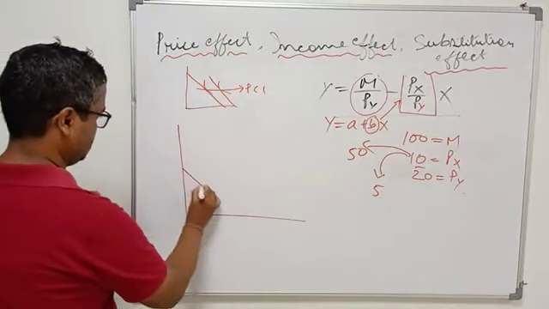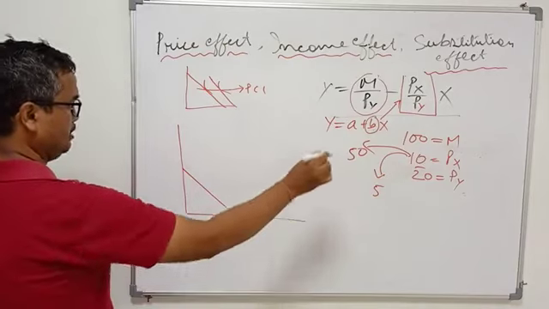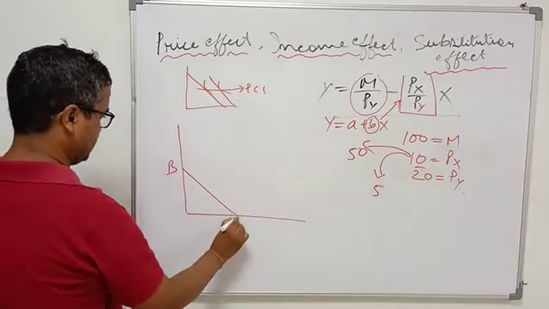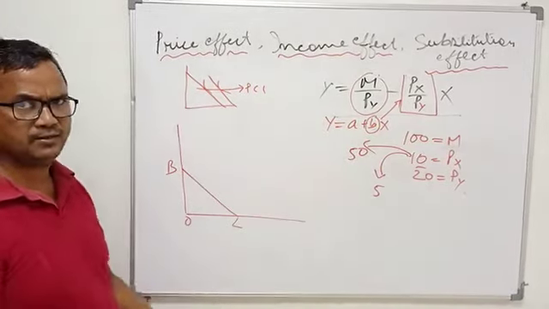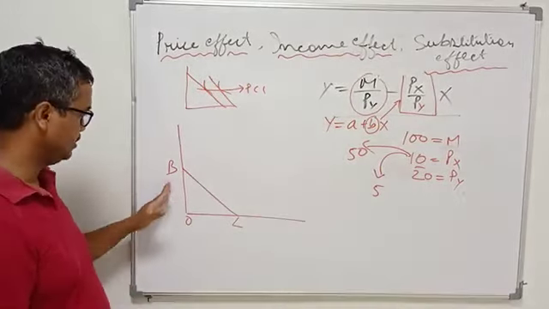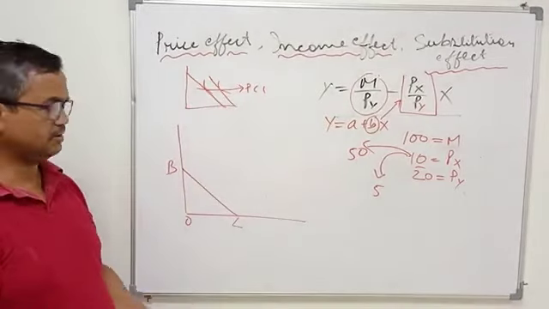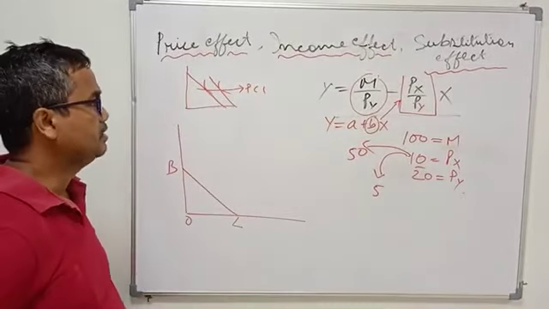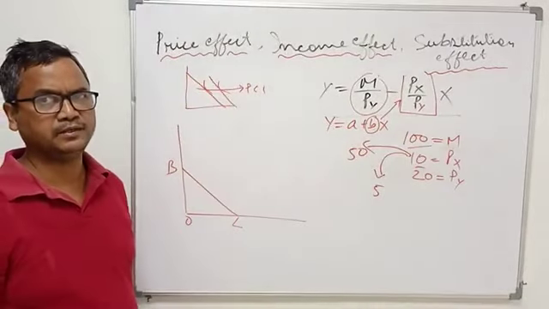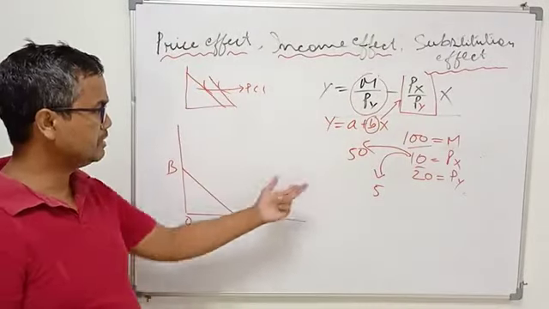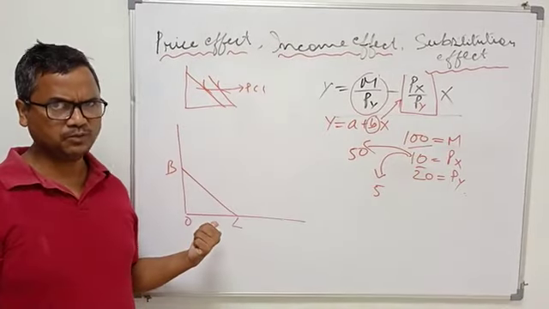Suppose given your budget, your original budget line is there. Your income and the prices of the two commodities are given. With that given information, you can draw your budget line BL. Now assuming my income has increased from 100 rupees to 150, then I can purchase more of both commodities, isn't it?